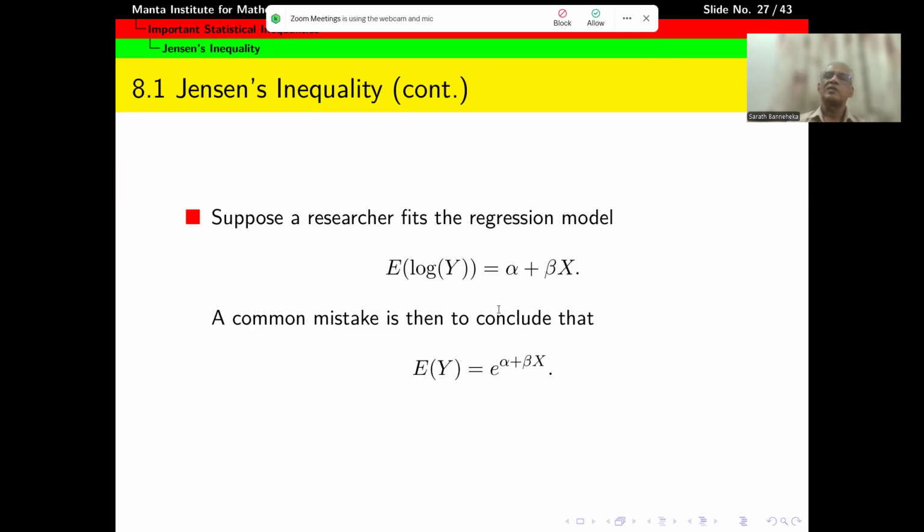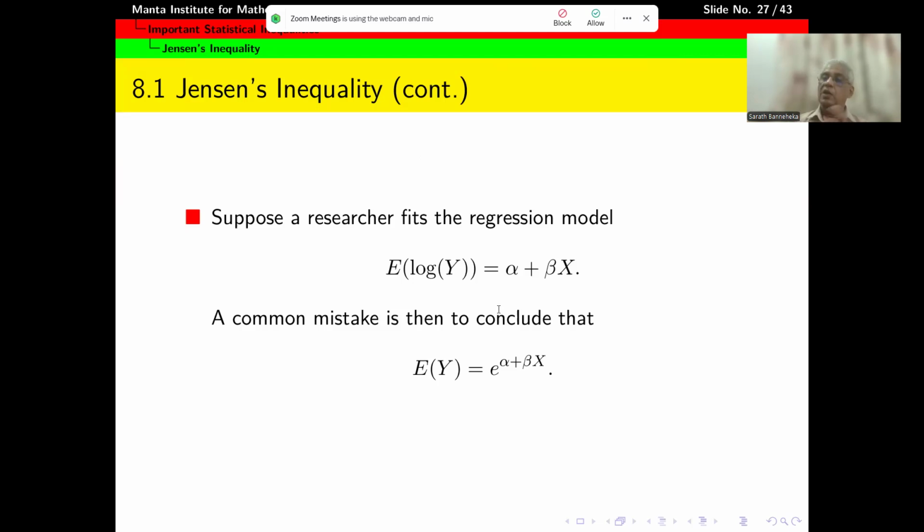For example, y is equal to alpha plus beta x. In that kind of situation, sometimes people transform their y values, taking log of y, and then they might see that for a given x, log of y is approximately normally distributed.